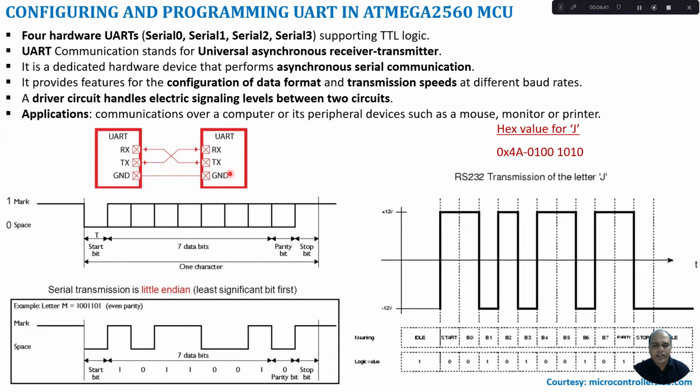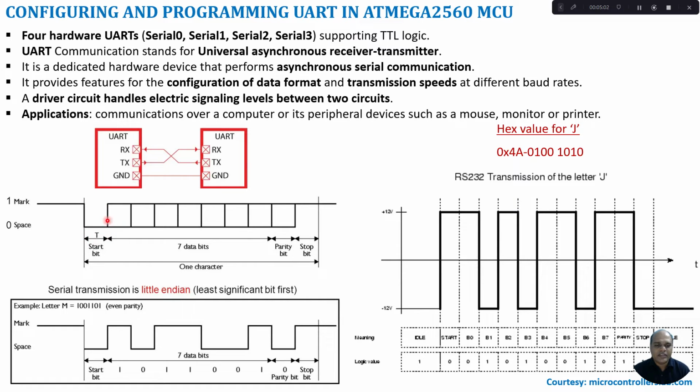If you look at the data format, by default the transmitter and receiver line will be in a logic 1 state, which is an idle state. During the data transmission process, there will be a transition from logic high to logic low, which indicates the start bit.